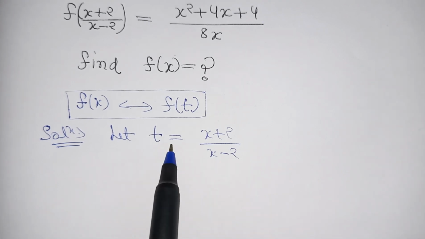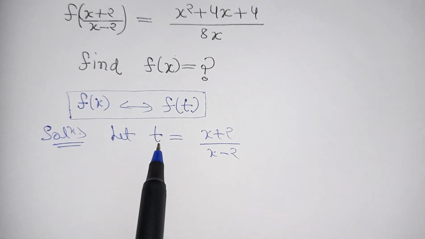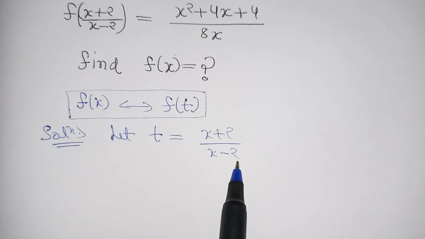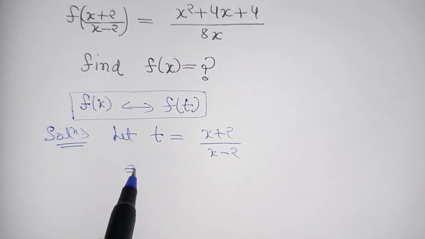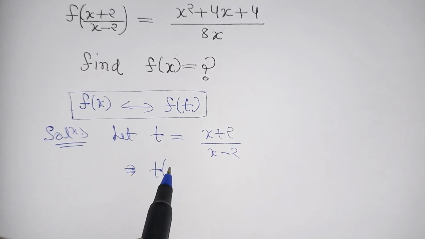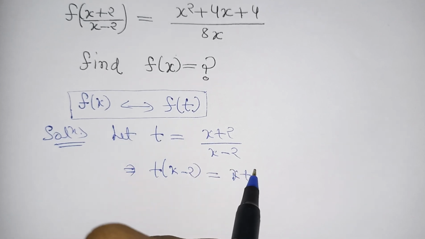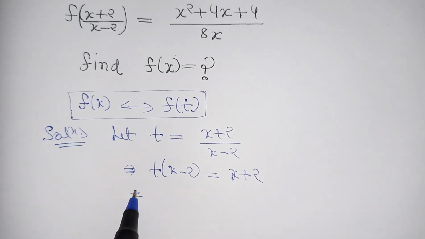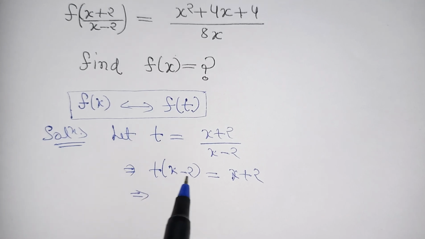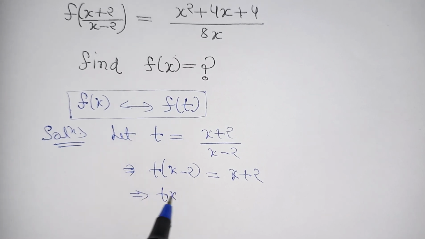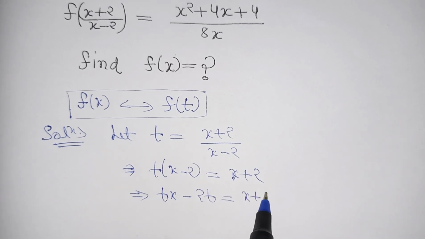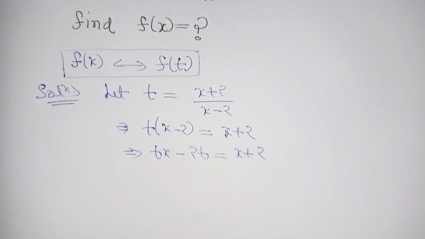So we just solve this portion, that is t equal to (x plus 2) upon (x minus 2). Then by simplifying we have t into (x minus 2) is equal to x plus 2. Now t into (x minus 2) will be tx minus 2t is equal to x plus 2, right?